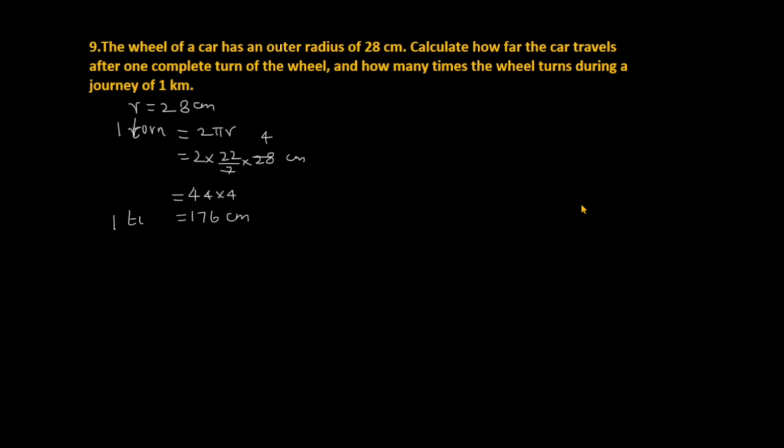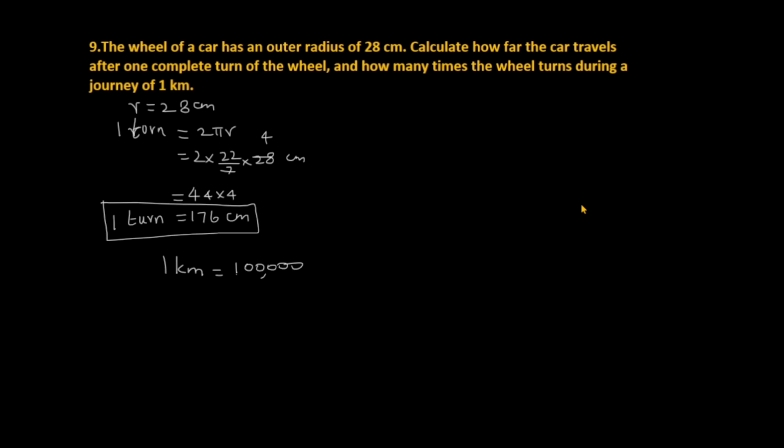For one turn, the wheel can cover 176 centimeter. They are asking for 1 kilometer, how many turns it will take. Here the radius is in centimeter and the distance given in kilometer. So we can convert. We know that 1 kilometer is equal to 1 lakh centimeter.